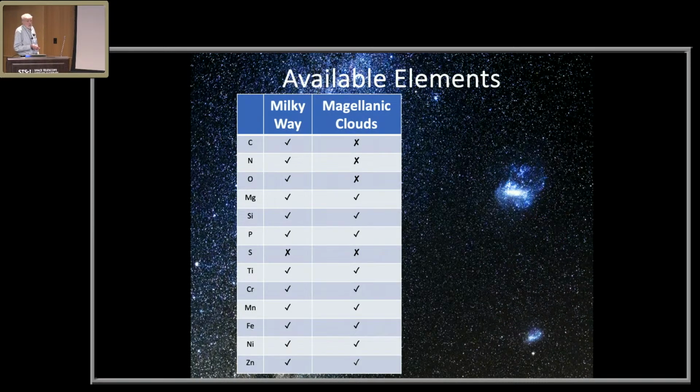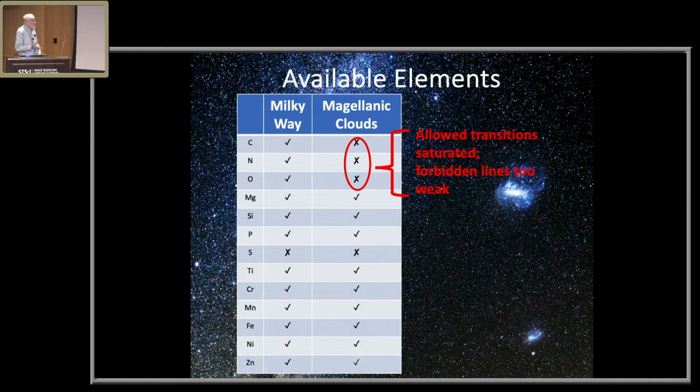Well, what can we measure? Here is a list of elements that have transitions in the UV that we can record. Unfortunately, for C, N, and O, we can't measure them because either the allowed transitions are badly saturated or the forbidden lines are just far too weak.